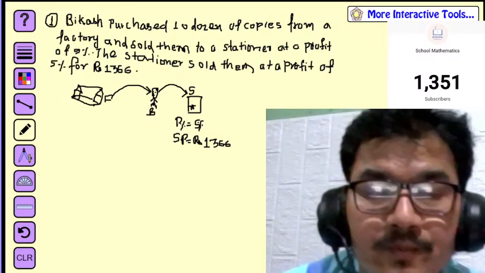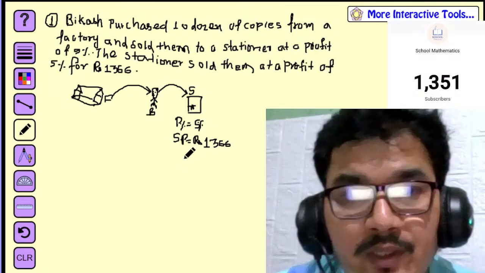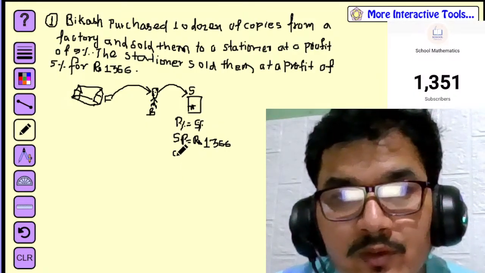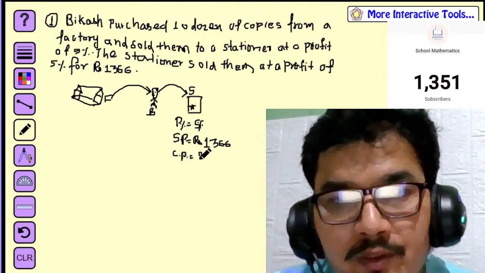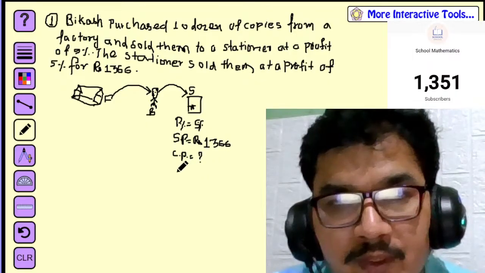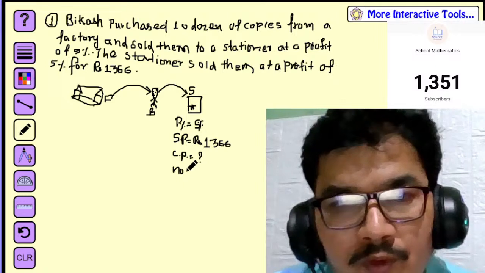Look here clearly, here we are going to find the CP for the stationer.